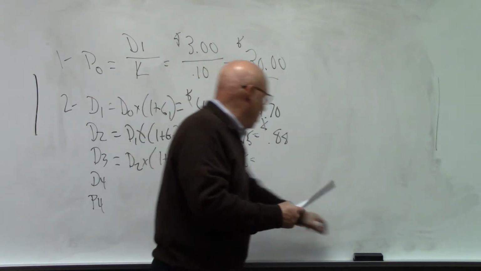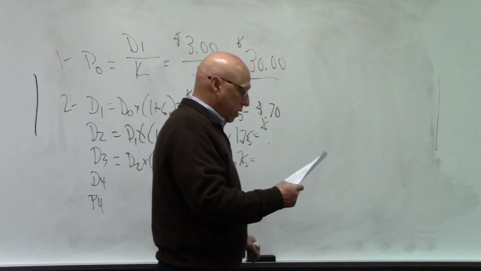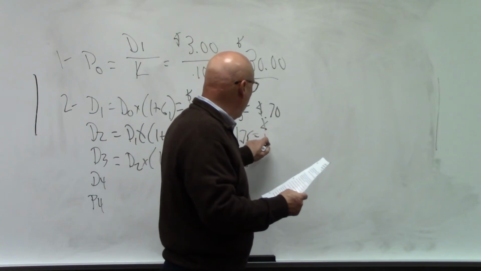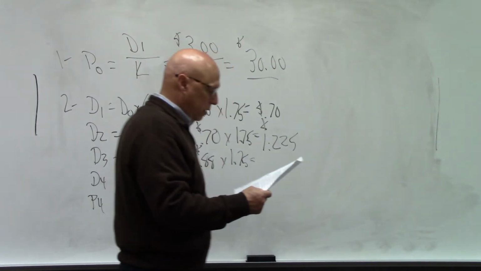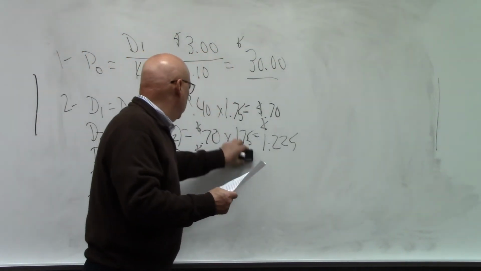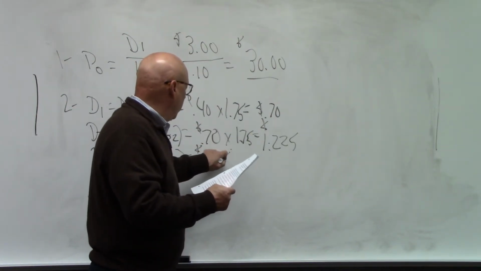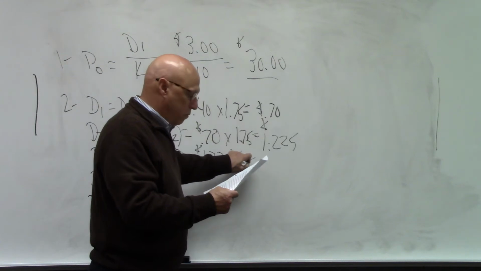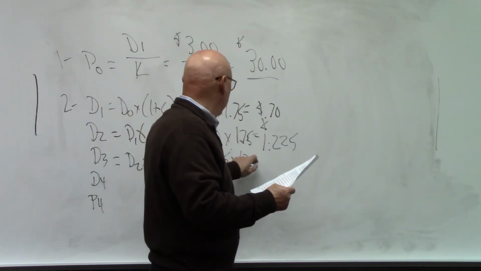Oh, I'm sorry. I gave you a present value number here. That's not 88. It's 1.225. Sorry about that. So let's erase this. 1.225 times 1.75, make sure we get that right, is $2.14.